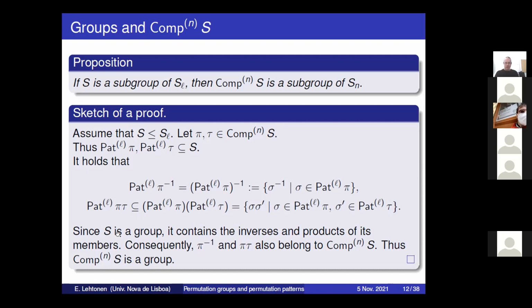And since S is a group, it contains these inverses and products of members of S. So these will be subsets of S, and therefore these two permutations, their patterns are contained in S, so they belong to the set of compatible permutations of S, Comp_N(S). So Comp_N(S) is closed under inverses and compositions of its members, so it is a group.